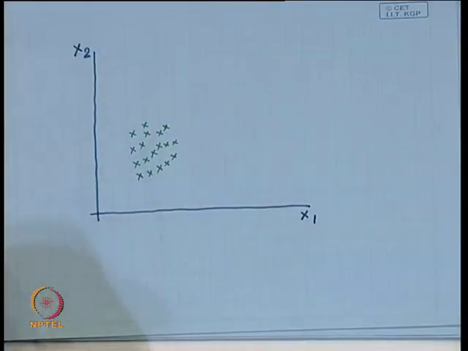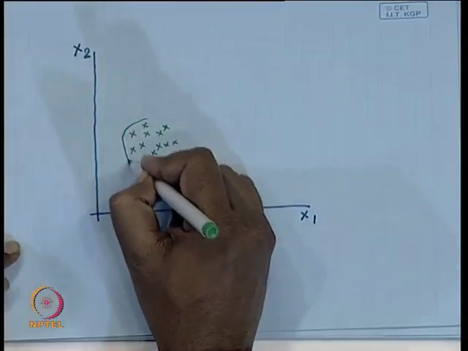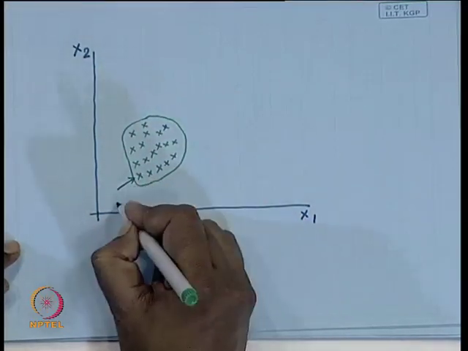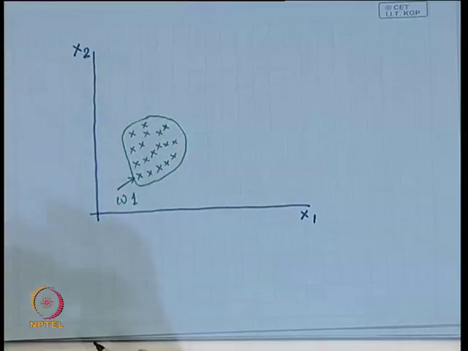So these are the samples which belong to class omega 1, that is one of the 2 classes.